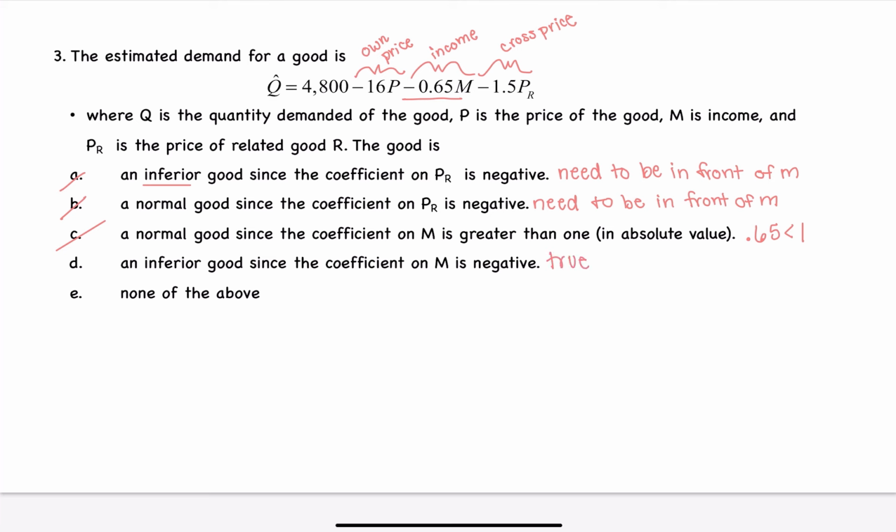If the coefficient in front of M is negative, it's inferior. If it's positive, then it is normal. So our answer for question 3 is D.